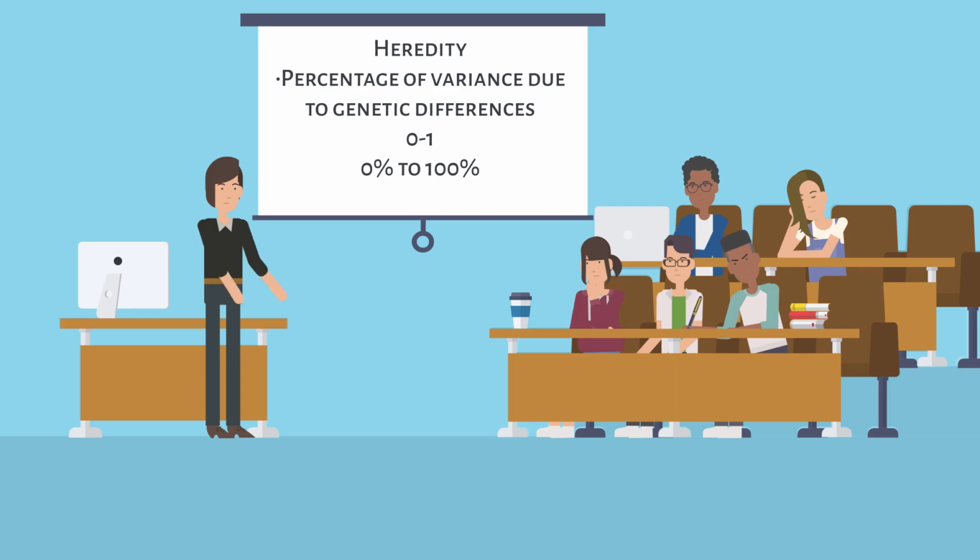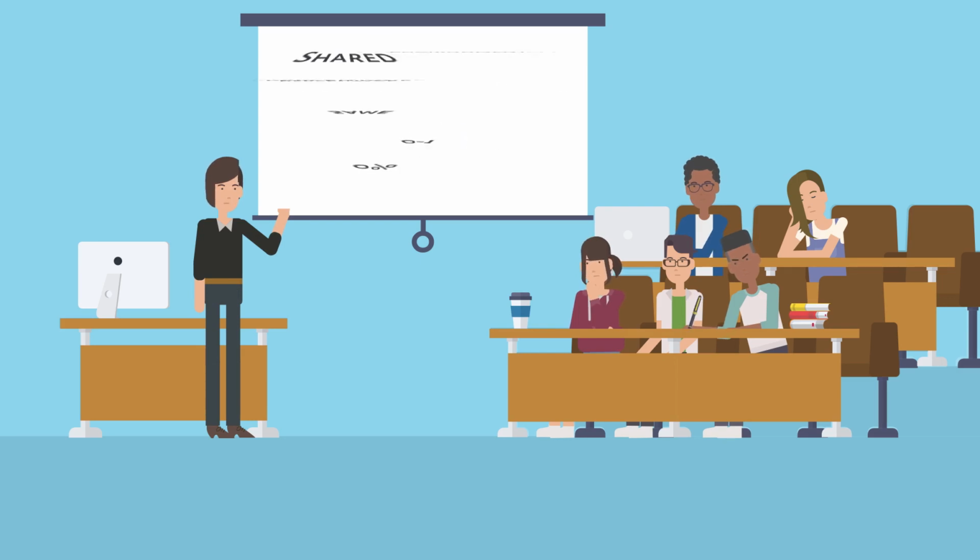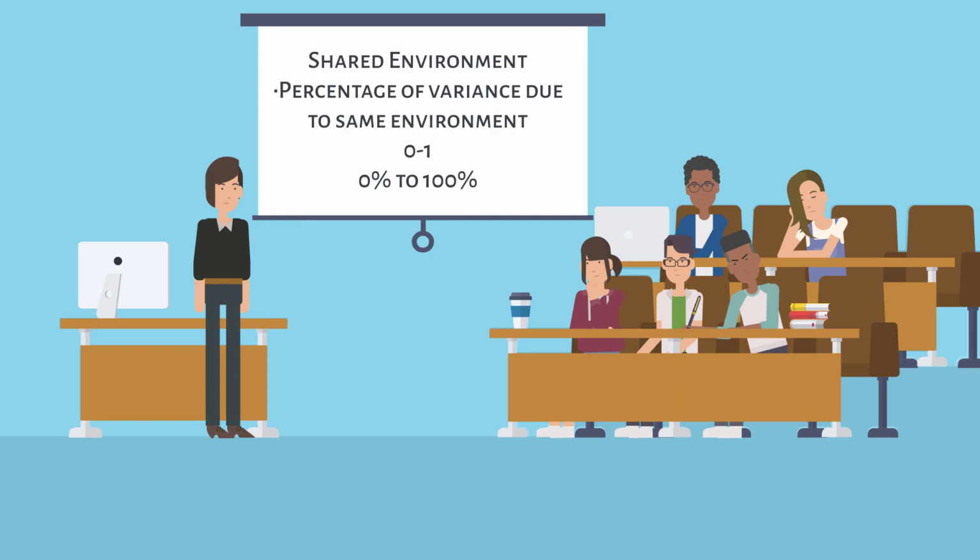So that's genes. And then what remains is environment. And we could parcel environment into 2 parts. There's shared environment. This is the proportion of the variance in people that's due to environment that different family members share. So people living in the same household might share, your siblings might share, and then there's non-shared environment, which is everything else.